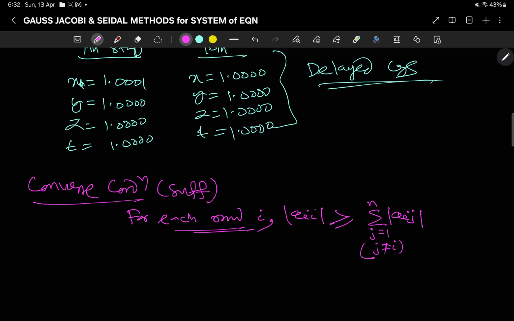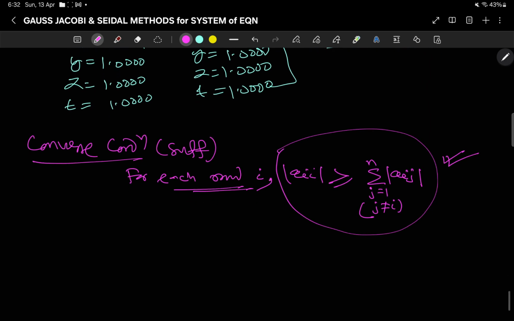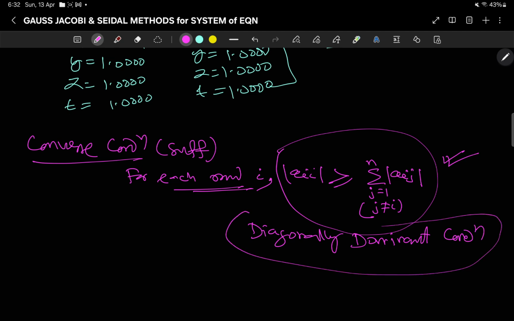If it is not satisfied, we think of the column dominance, right? However, this is the exact diagonally dominant condition.